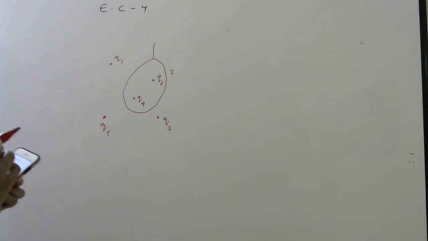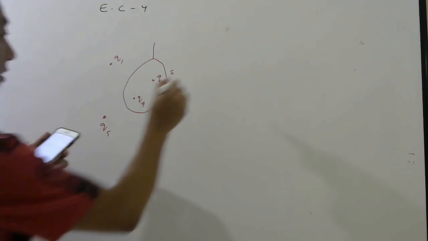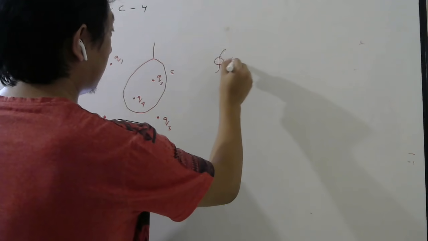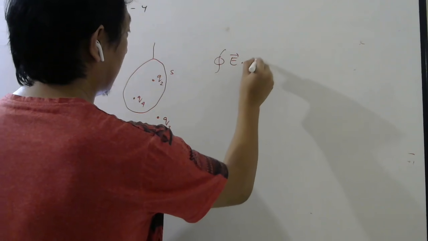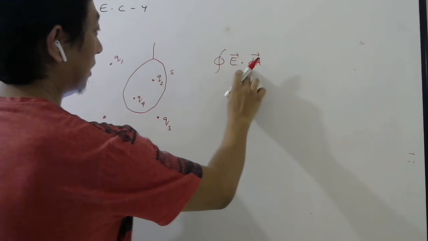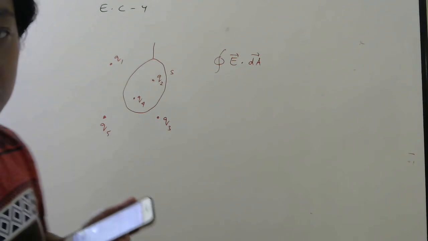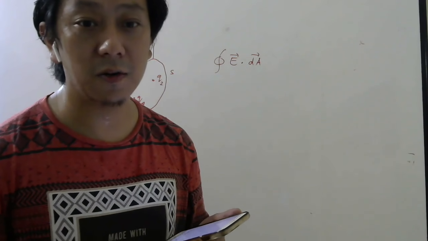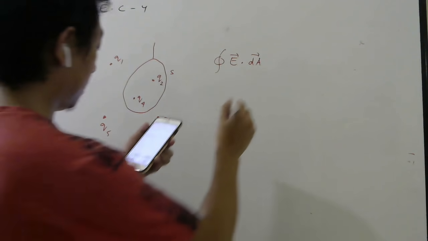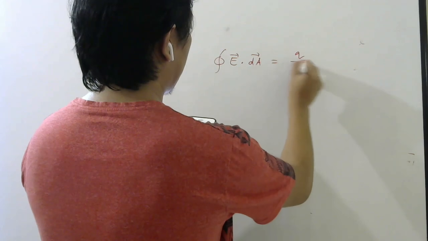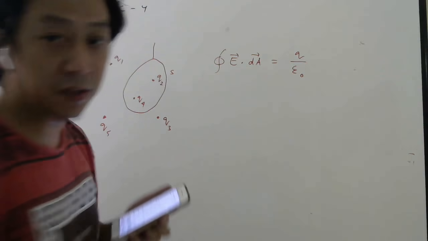Okay. They are asking you, Gauss law says flux. How do you write flux? E dot dA. No? Actually, we write E dA cos theta, but here they are writing in the form of dot product. A bar dot B bar is AB cos theta. So that is equal to Q by epsilon naught. This is how it is given in the question.